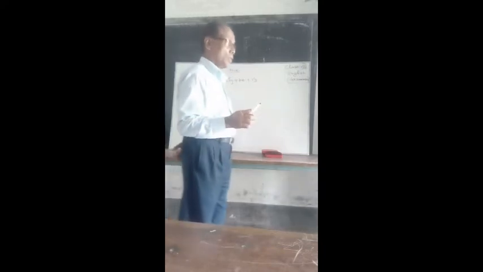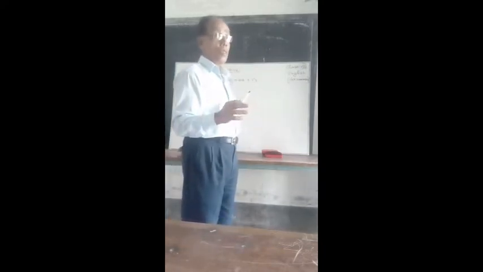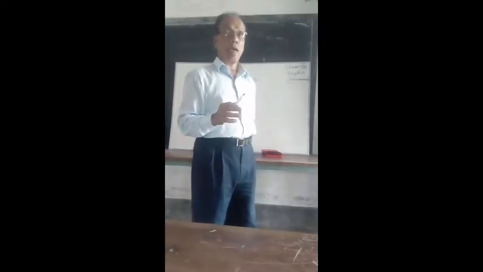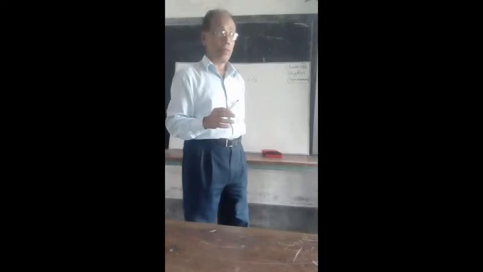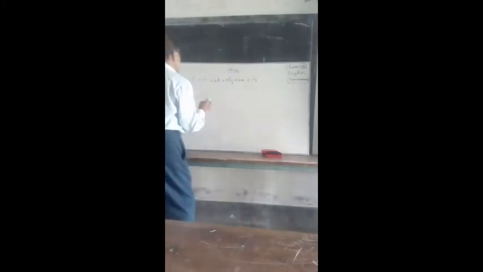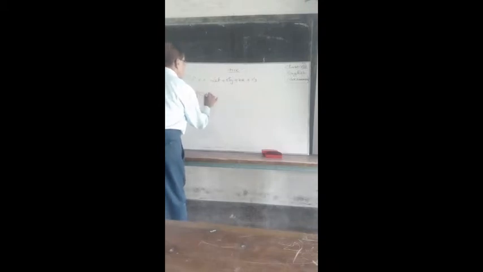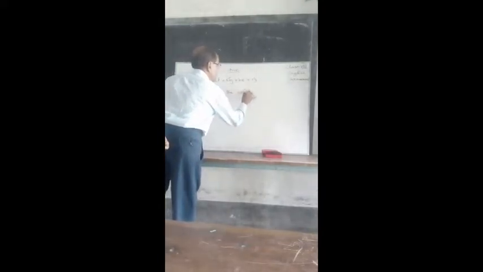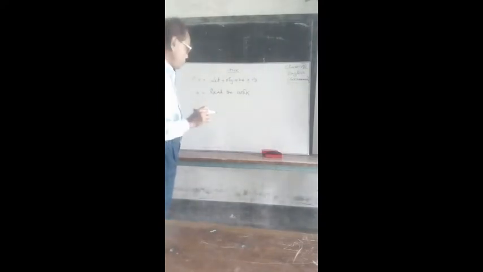At first, I will give some examples of imperative sentence, affirmative form. Read the book. Active form is: Read the book. The passive form of this sentence will be: at first we will take let.